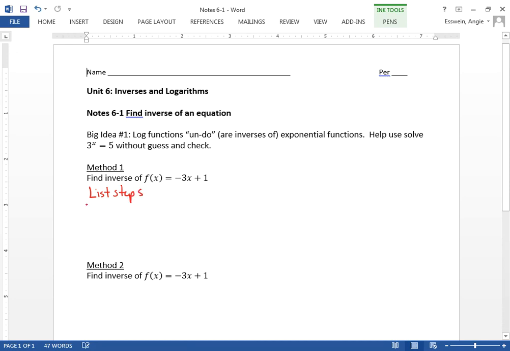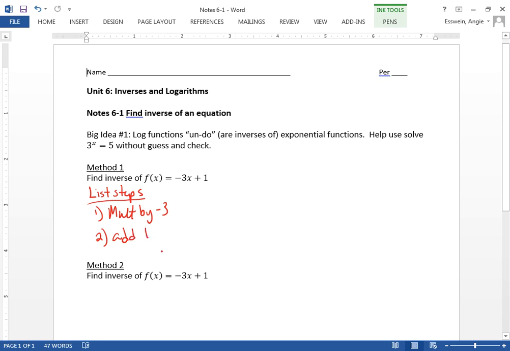So what is step number 1 here? What do you do when you drop a number into this function machine? You multiply by negative 3. And then step number 2 is to add 1. Yep, add 1.